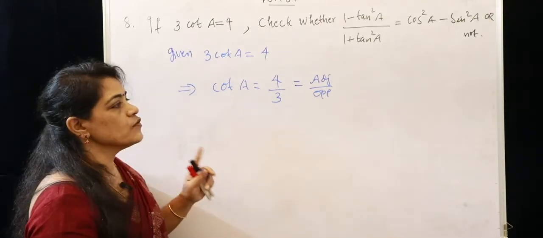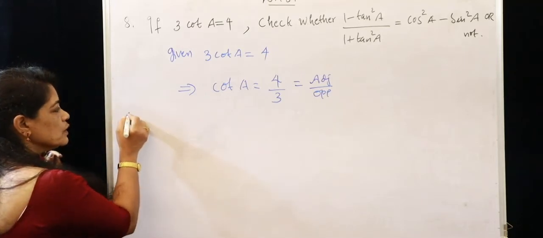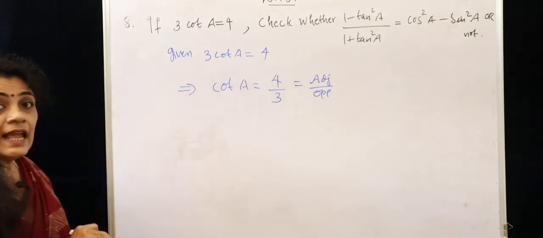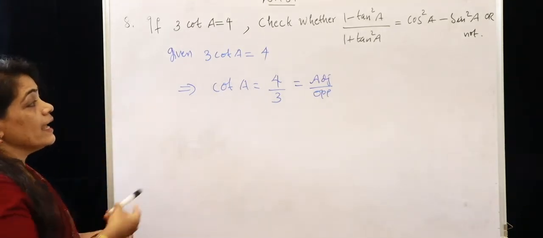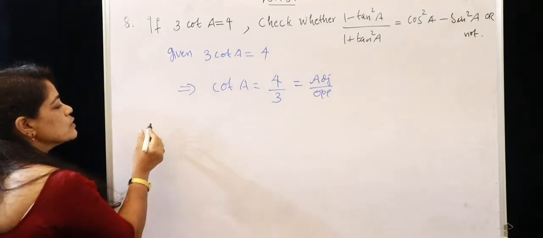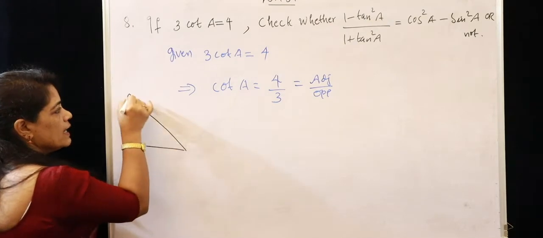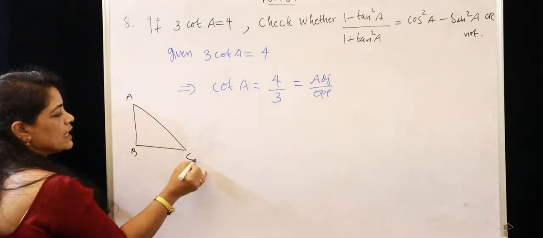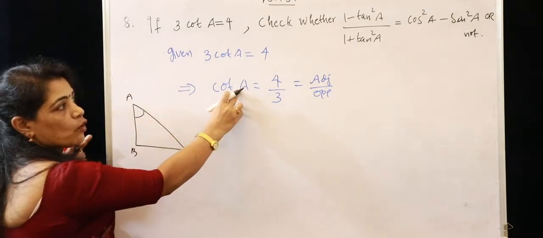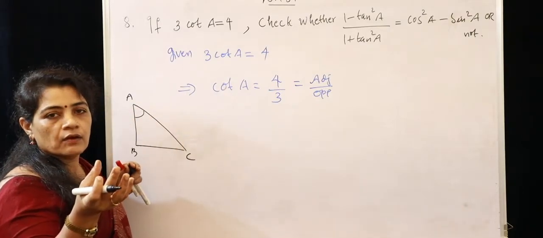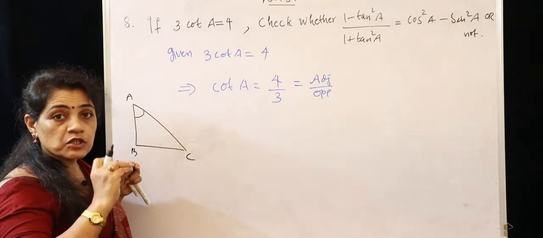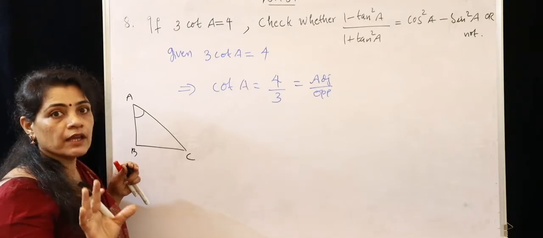So that is the first step: I am going to draw a right triangle ABC, and A must be the acute angle. Right triangle ABC with respect to angle A, since cot A. The angle near to the cot ratio must be acute.